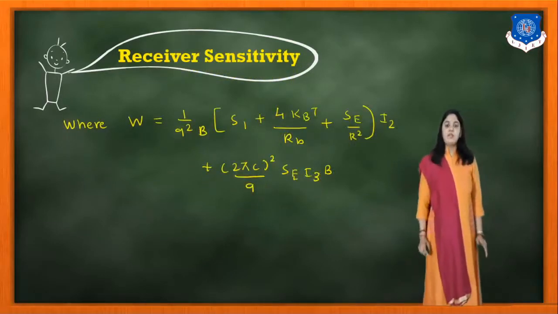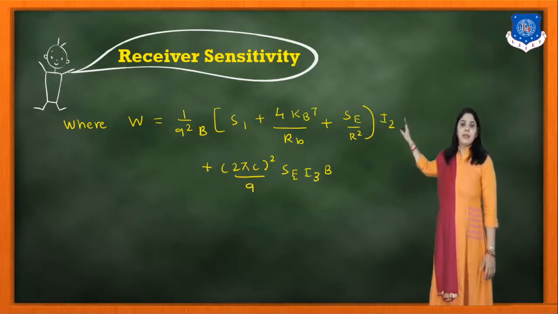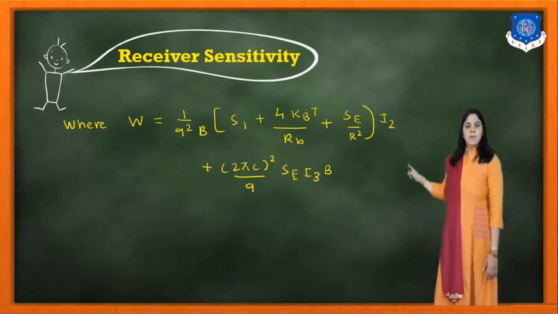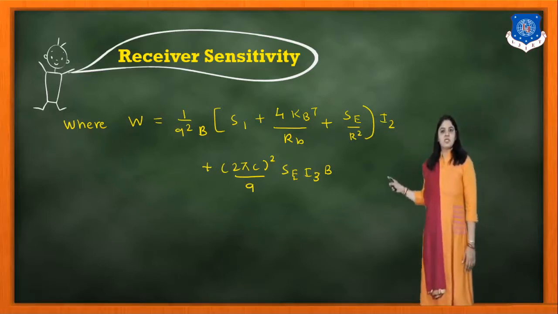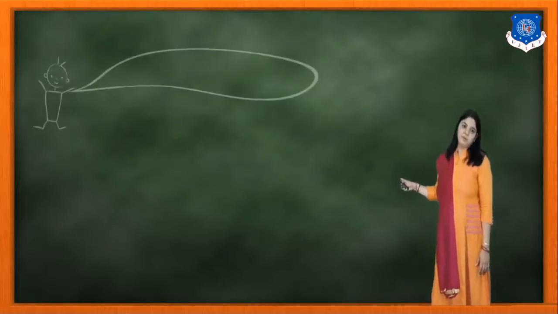Now where W is equal to 1 upon q²B bracket S1 plus 4kBT upon RB plus SE upon R² into I2 plus (2πC)² upon q SE into I3B.